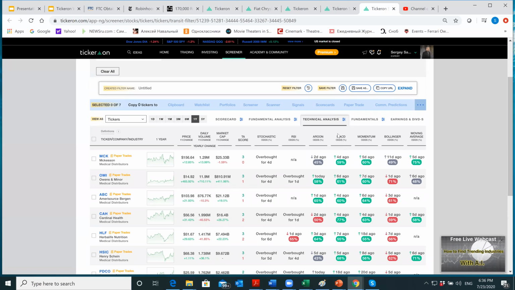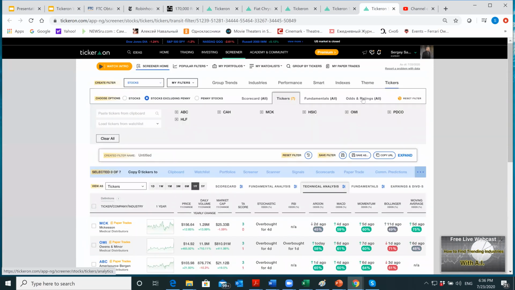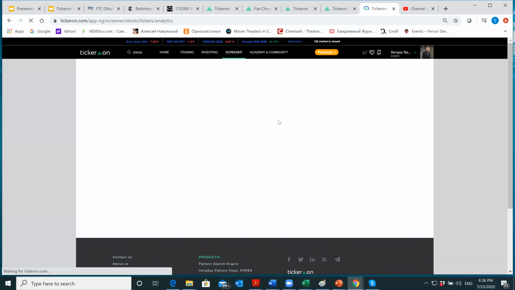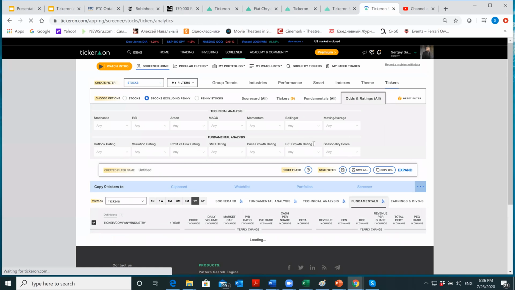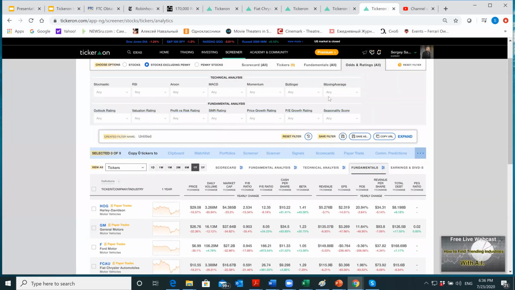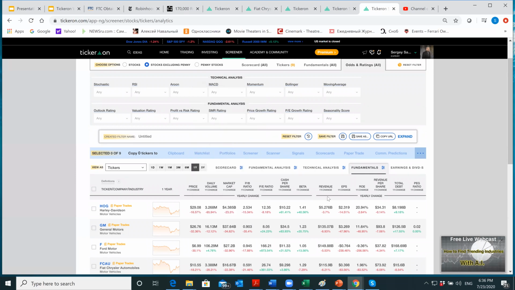There's a MACD. If you don't know about MACD, you can click it right here and read about MACD. It's about technical analysis.